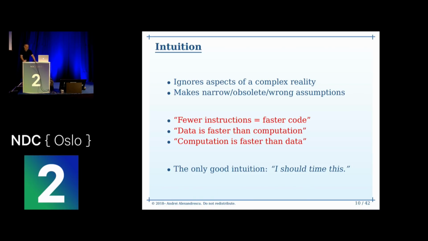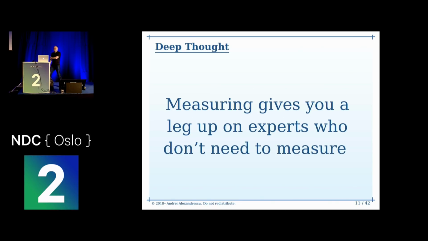Most of the time it was vice versa. Let me try this awesome idea, and it's amazing, and it's fast, and it was just 4 times slower. It just keeps on happening. It's like karma. Maybe I've done something really bad in a previous life. So measuring gives you a leg up on experts who are too smart to measure. That's a classic quote.